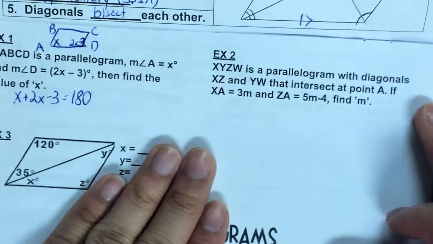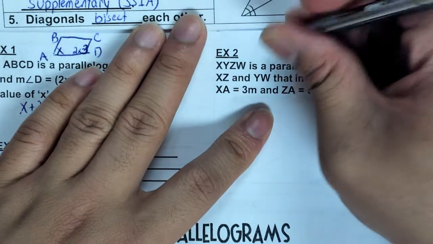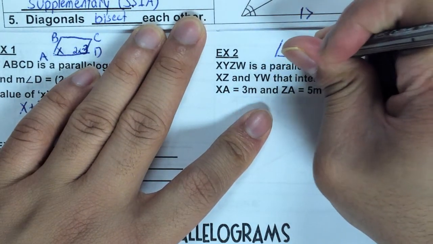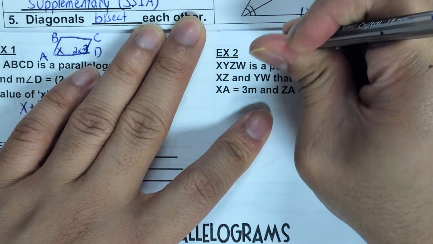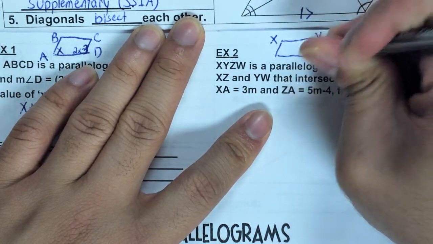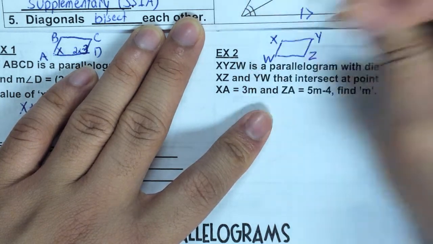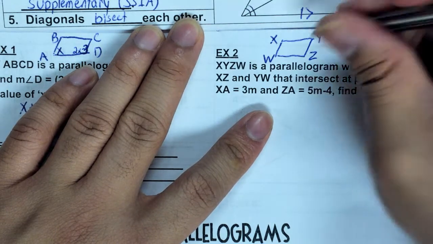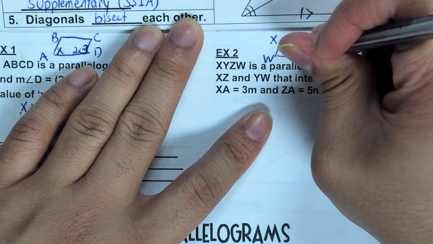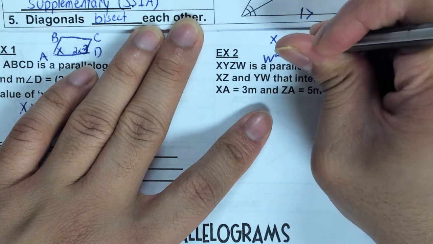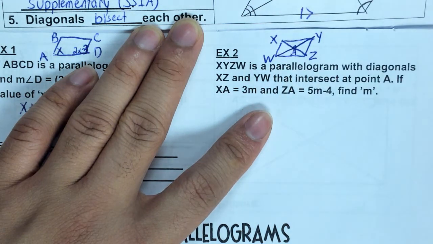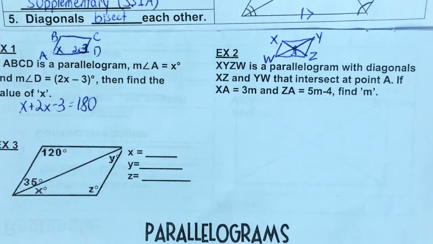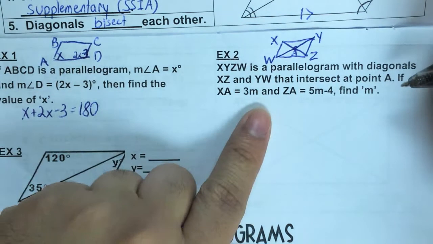Next, example 2. Again, we'll draw my quadrilateral. We have X, Y, Z, W. It's a parallelogram with diagonals XZ and YW intersecting at point A. They tell us that XA is 3m.